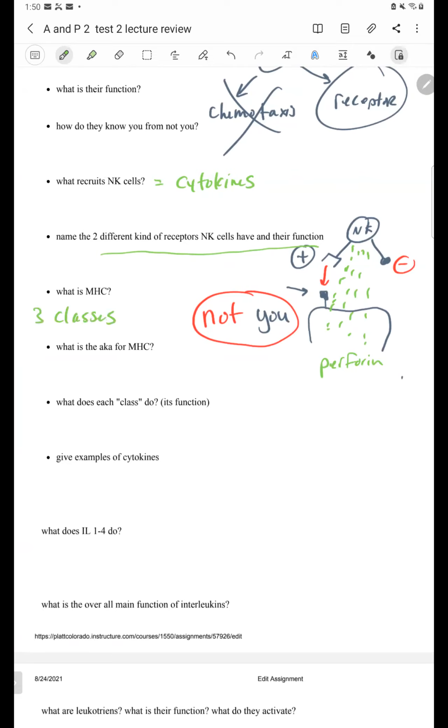We have 3 classes: Class 1, Class 2, and then Class 3, which is kind of in a category by itself, because Class 1 and Class 2 are responsible for your HLA, which stands for human leukocyte antigen.